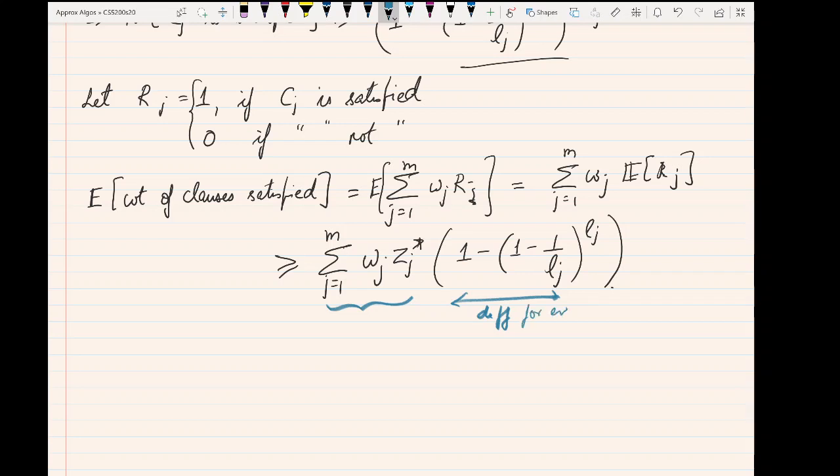So what we are going to do, like we had done in the previous randomized algorithm, is just take a minimum and say that the quantity above is at least this.